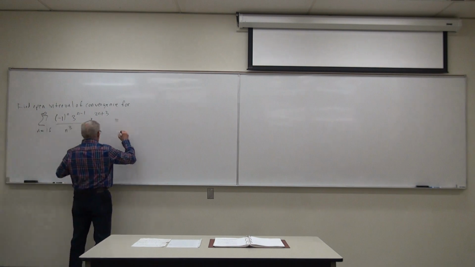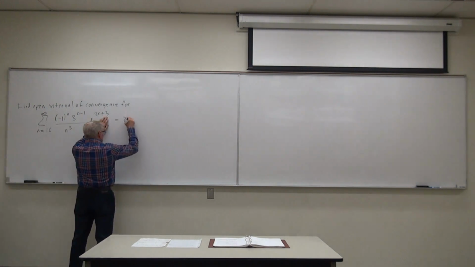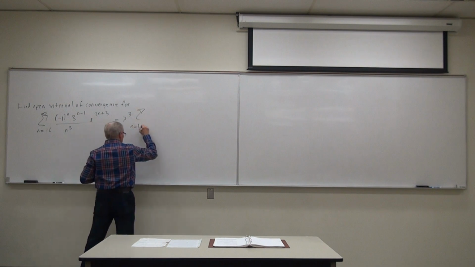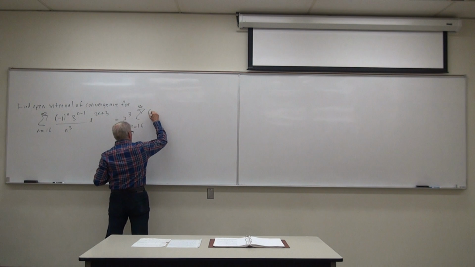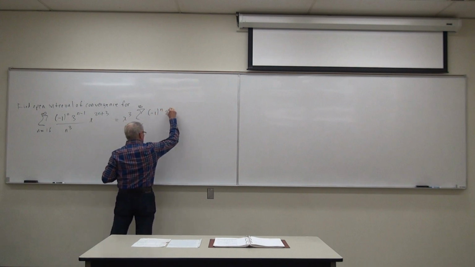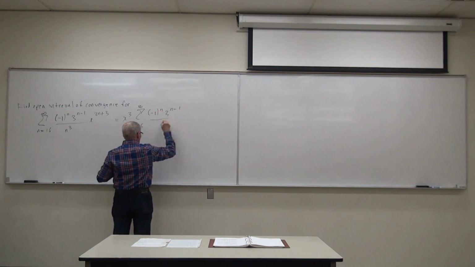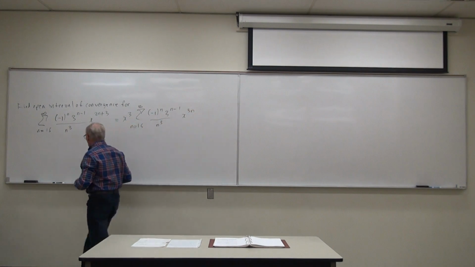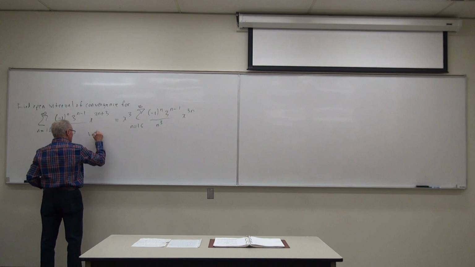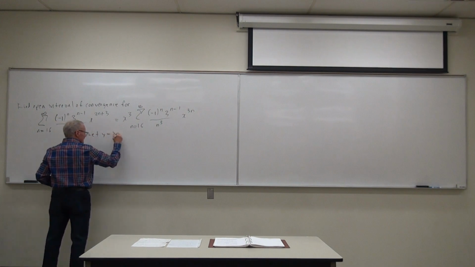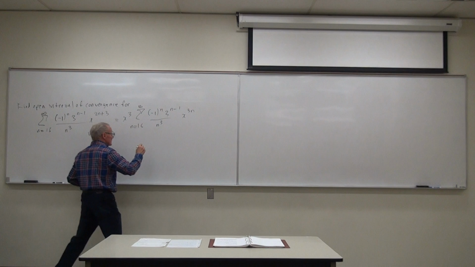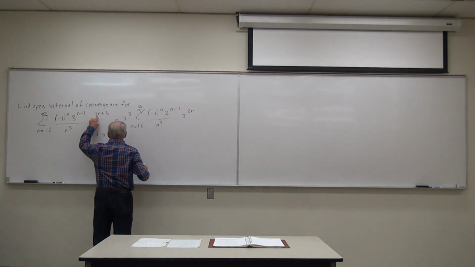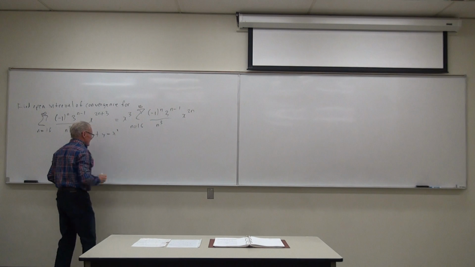Remember the idea last day was, I'm going to take that x cubed and write it out in front, leaving me therefore the summation of (-1)^n 3^(n-1) over n cubed x to the 2n. And now I'm going to let y be equal to x squared.